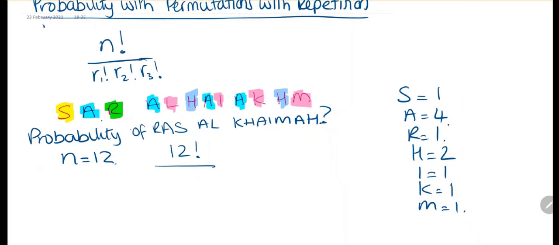What am I missing? 1, 2, 3, 4, 5, 6, 7, 8, 9, 10, 11, 12. K, I, and L. So we have 1 L.